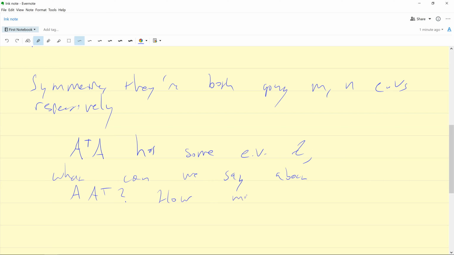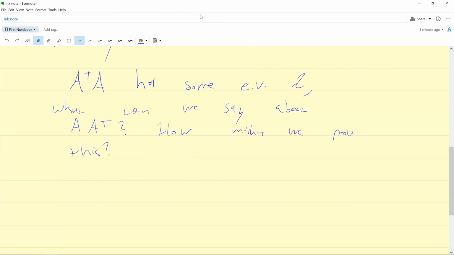And how might we prove this? Take a minute or two to reason about why they might be the same or different, and how you might go about showing that or coming up with a counterexample.